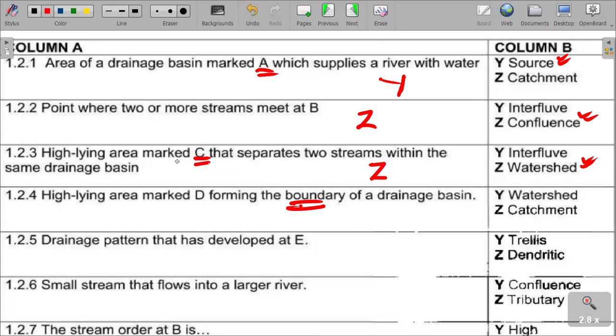Sorry, we are saying a high-lying area that marks number 3, a high-lying area that actually separates two streams within the drainage basin. It is the what? C. It is the interfluve. I was mixing it up. Number C, it is the interfluve.